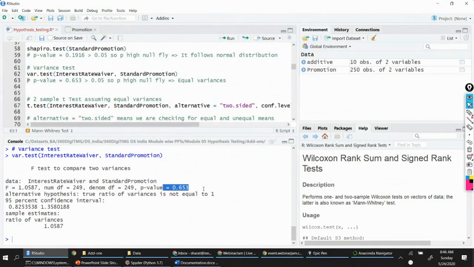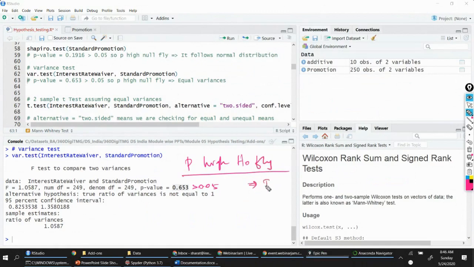The p-value is again greater than 0.05. It is greater than 0.05. So we again say p high, null fly. P-value is higher than alpha, right, which is the industrial standard. So we say p high, null fly, passed with flying colors.